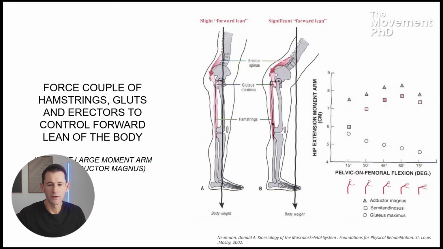The force couple here with erector spinae: those erector spinae have to activate isometrically to keep your spine in place. Otherwise, you're just going to flex through that lumbar spine, which is not good for that disc, and it's not good for generating torque for picking up your dog, picking up your kid, picking up that barbell. So we have to synergistically activate erector plus glute max plus hamstrings.